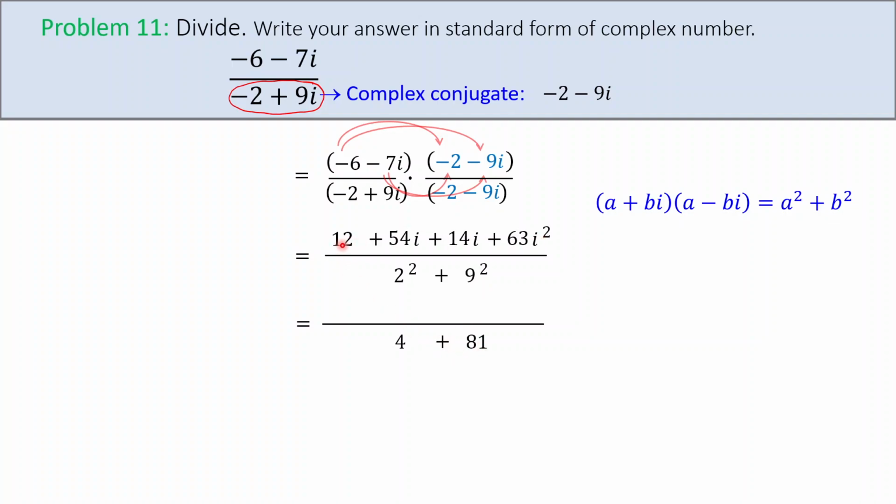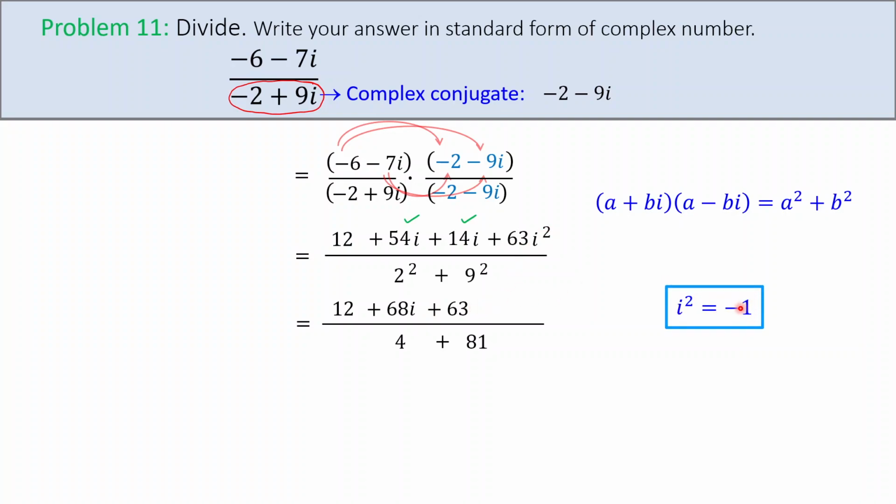So here you have 12. You can combine this and this. 54i and 14i. Positive 54i plus 14i is 68i plus 63. This i squared is minus 1.